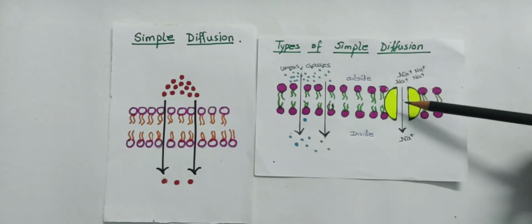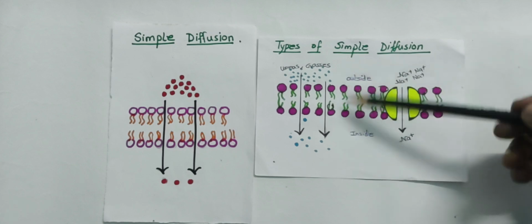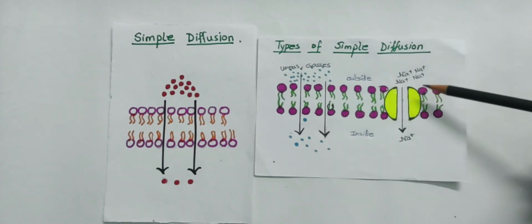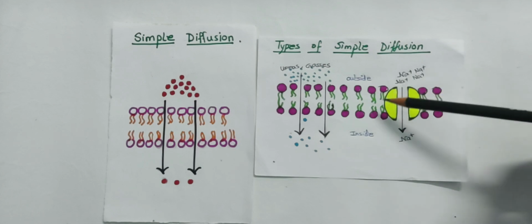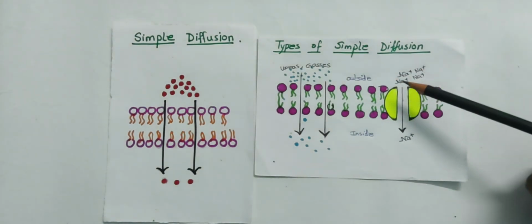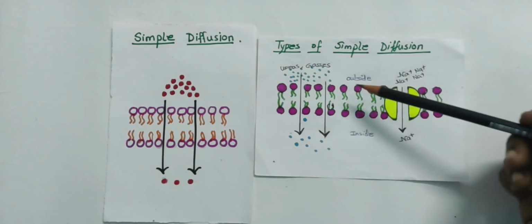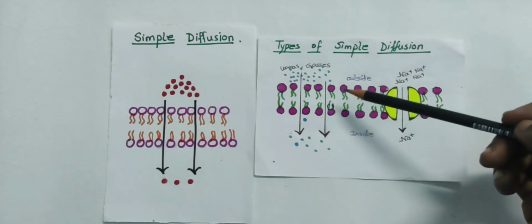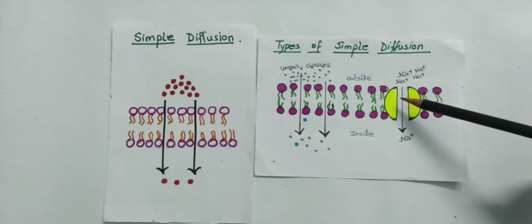Now the question is why ions are not traveling through the lipid bilayer. This is because these ions have their own charge, and lipid bilayers also have their charge. Because of their charges, they are not able to cross the lipid bilayer. That's why they have separate channels, and ions move through these specific channels.